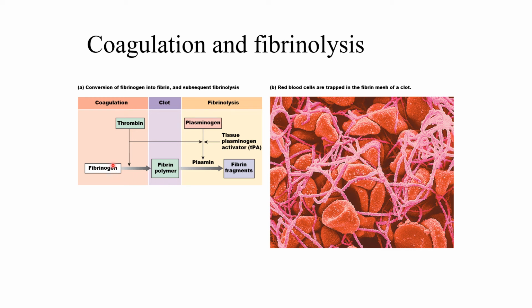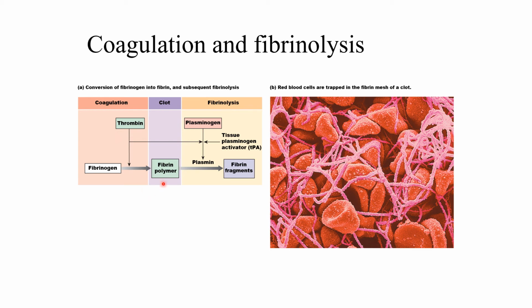Whenever you see the suffix "gen," that usually tells you that this protein is inactive, and for this protein to get to work, it needs to be activated. The enzyme that will activate fibrinogen for us is the thrombin enzyme.